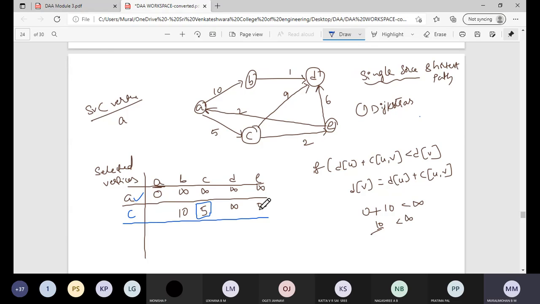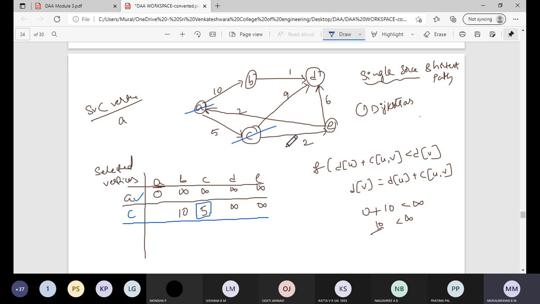Now similarly, vertex A has been selected, vertex C has been selected. Now you find out the fringe vertices of this C. Which are those we are having? See, C to D there is an edge and C to E there is an edge.